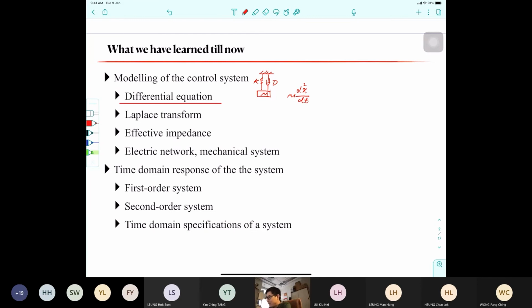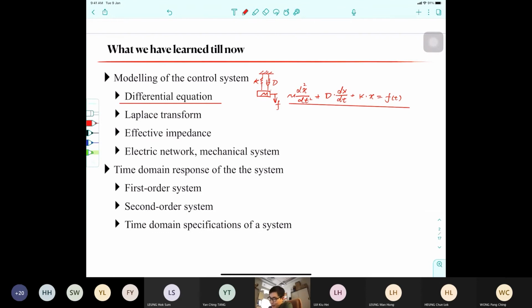This is mass times acceleration, ma, right? Plus D times dx over dt. So D is a damper, is proportional to the velocity, and K times x equals to the force, right? So this is called the differential equation of a system.